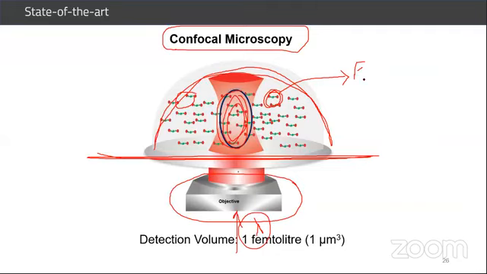So, for example, I'll draw it here. If you have this much area, and crudely, say you can see like 4 molecules, this is like 200 or 300 nanometer size. And if you want to see one molecule, all these dye molecules are around, let's say, 5 nanometer or 10 nanometer, or even 50 nanometer.